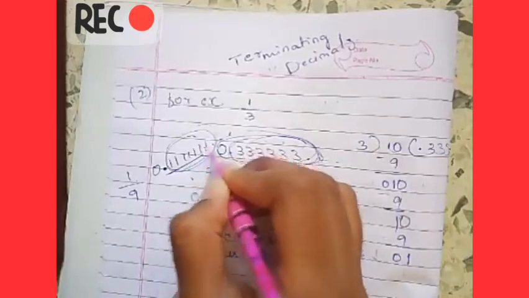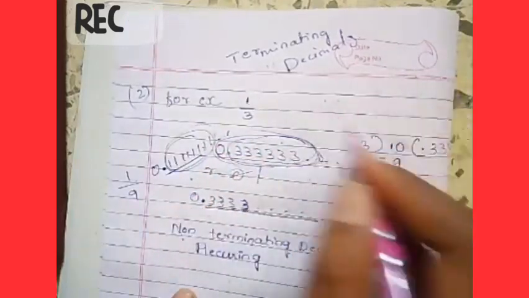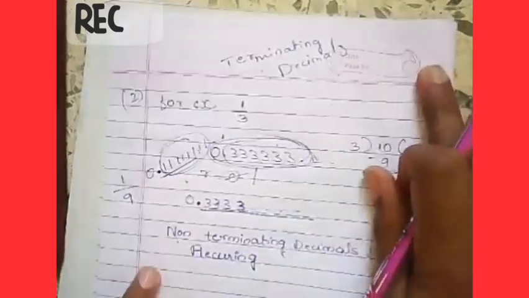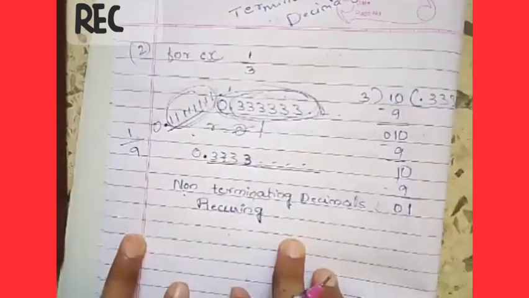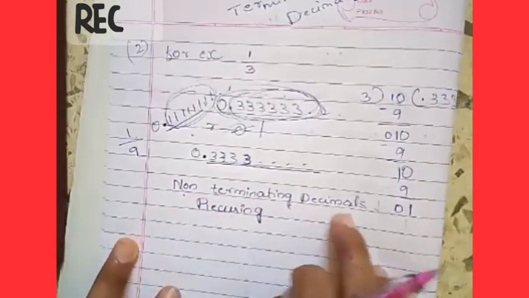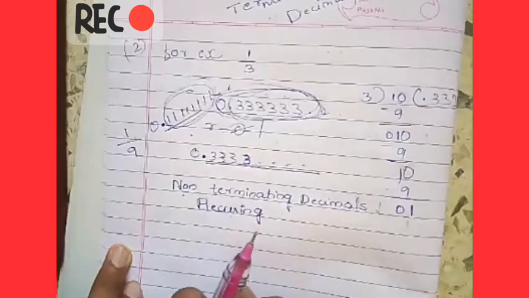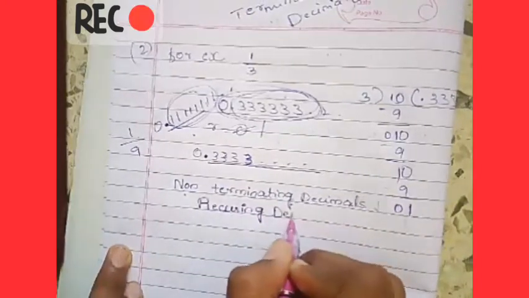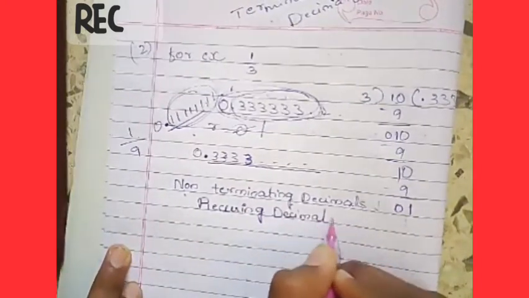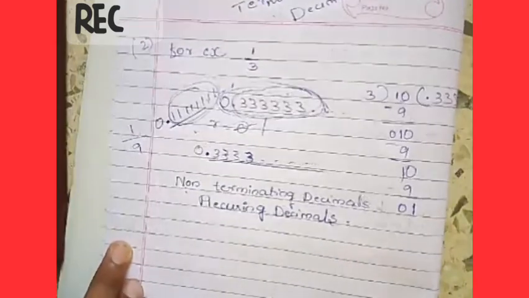The one is repeating itself again and again. So the second category is non-terminating decimals and recurring decimals. Now let's see the third category of the decimal.